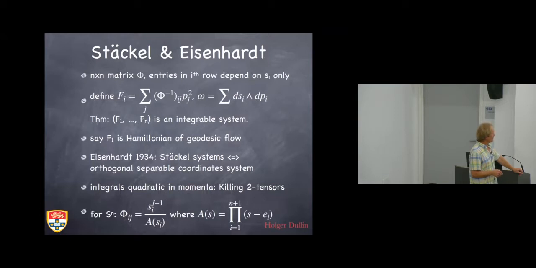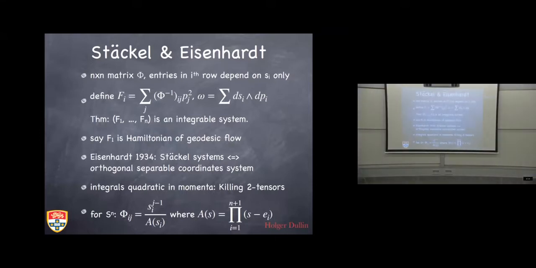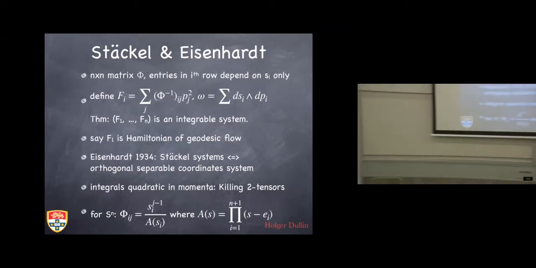So let's say F1 is the Hamiltonian of the geodesic flow. And here is the statement. So if you pick this function, this matrix here, in this way, Si to the power j minus 1 divided by A of Si, and A is this polynomial that I defined a bit earlier, which is just a product here, then you will get the Hamiltonian of your geodesic flow on Sn in these coordinate systems, and n minus 1 other quadratic integrals.